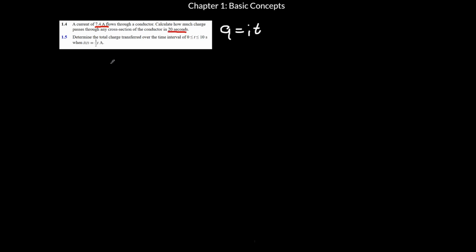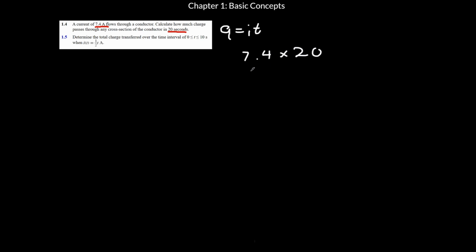In problems like these, that's going to be the values you're looking at, right? All this other fluff, you really don't care a whole lot about, especially if you're going fast on a test. You want to look at your current, that 7.4 amps, and then we're just going to multiply that by our 20 seconds.